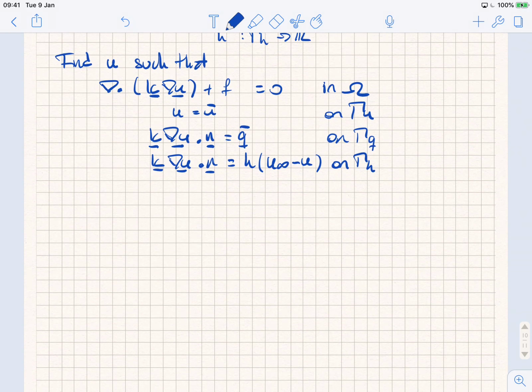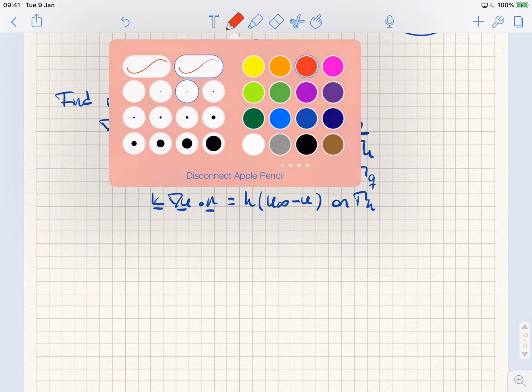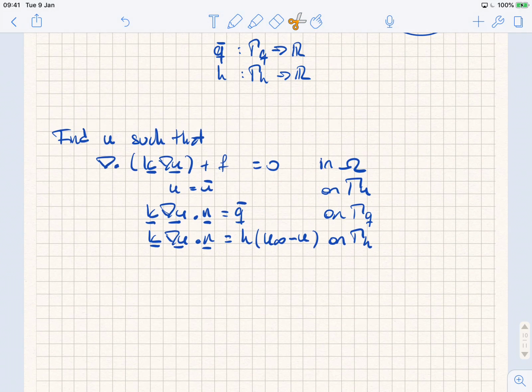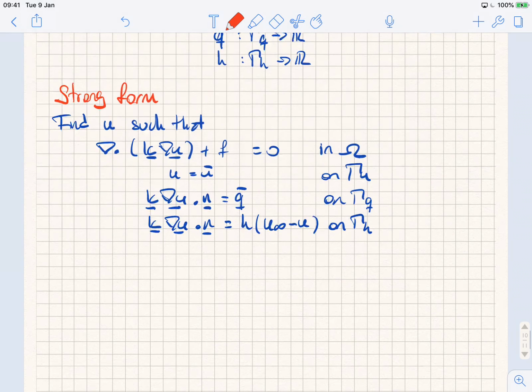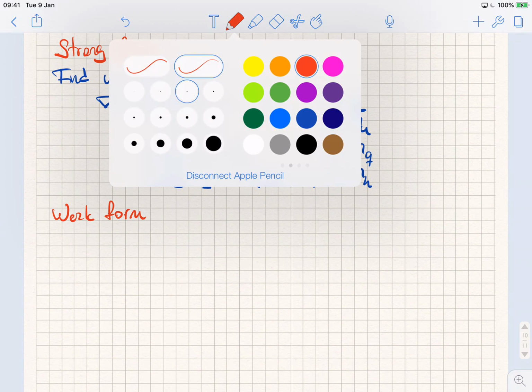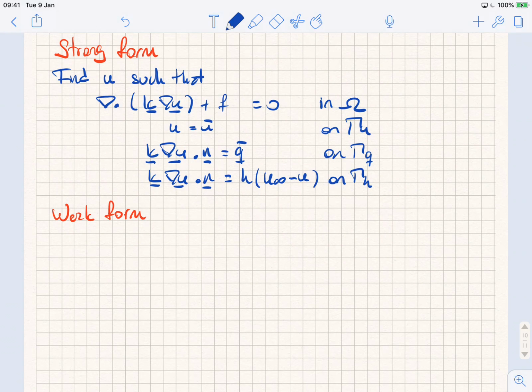Now we want the weak form. And again, who can tell me how we get the weak form? Someone else? No one?